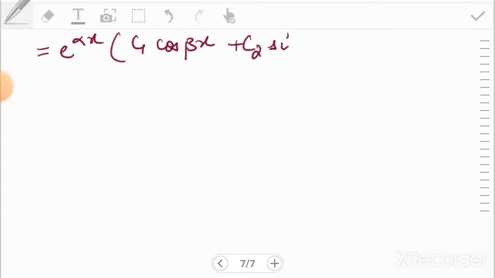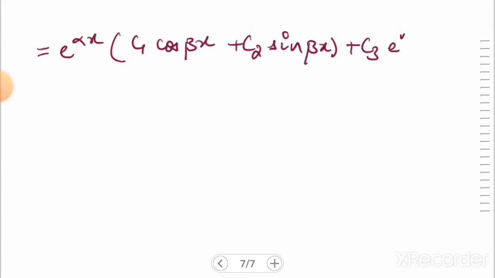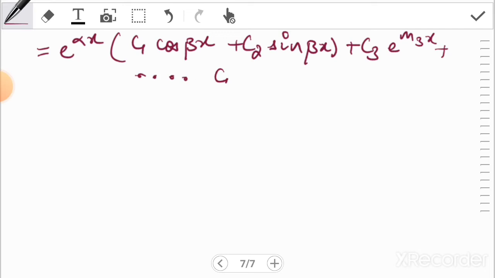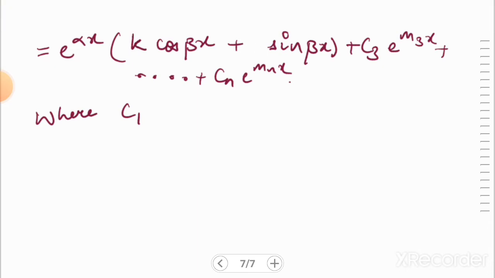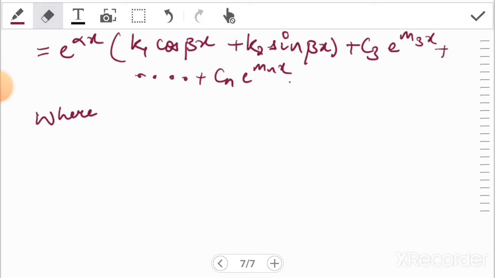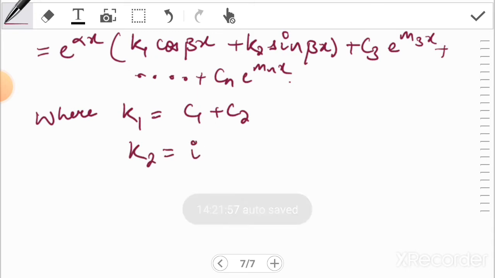Again, this can be rewritten as e raised to the power alpha x (k1 cos beta x plus k2 sin beta x) plus c3 e raised to the power m3x, cn e raised to the power mnx, where k1 is equal to c1 plus c2 and k2 is equal to i(c1 minus c2), right?